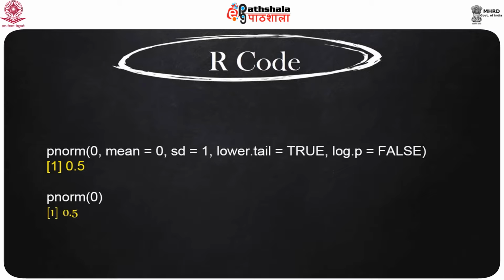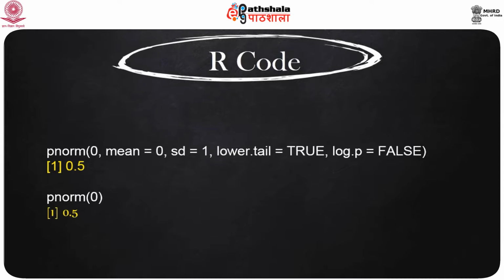Exactly this is what we are getting here. So, here as well we can always do experimentation with all these kinds of functions. The cumulative probability less than 0 is 0.5, and the cumulative probability greater than 0 is also 0.5 for the standard normal distribution, as we can see from the R codes.